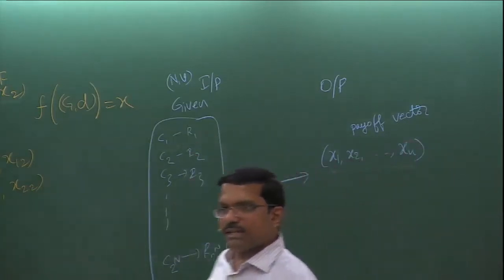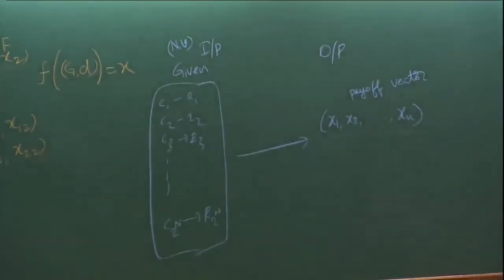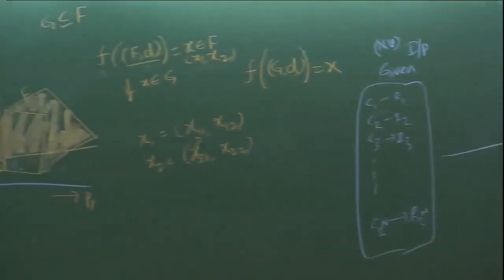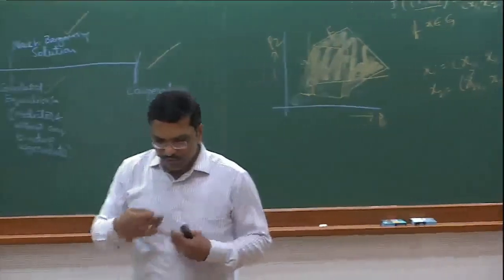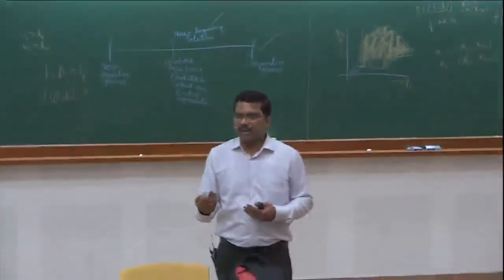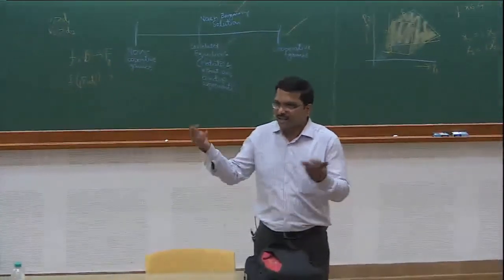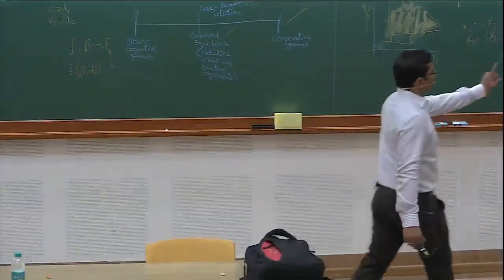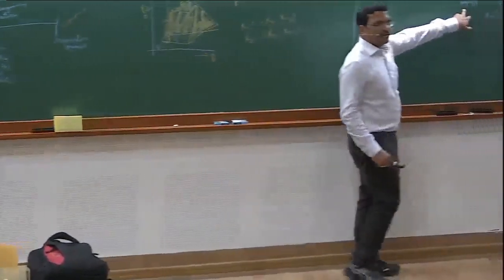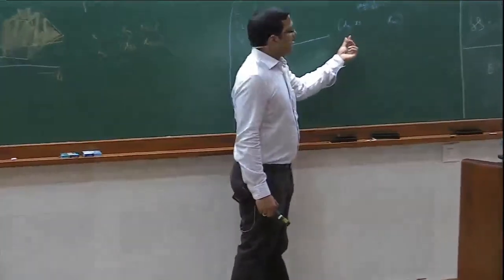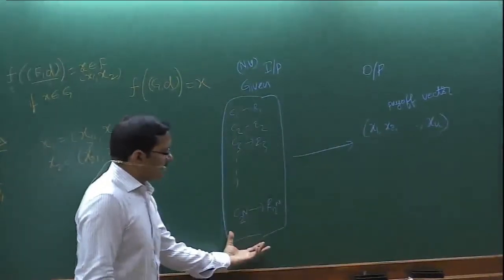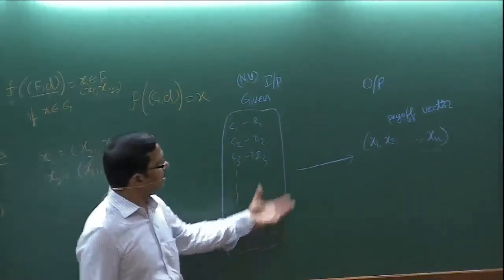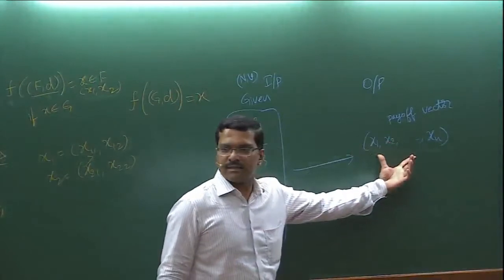So all these coalitions are fine, that is good. But at the end of the day, whether it is a cooperative game or a non-cooperative game, it doesn't matter. Finally, what we should do is derive the payoffs to the players, given a problem instance. That is the ultimate goal. So that is called the payoff vector. It's like an n-tuple, x1, x2, etc., xn. So from this type of input, how do we derive a payoff vector like this?